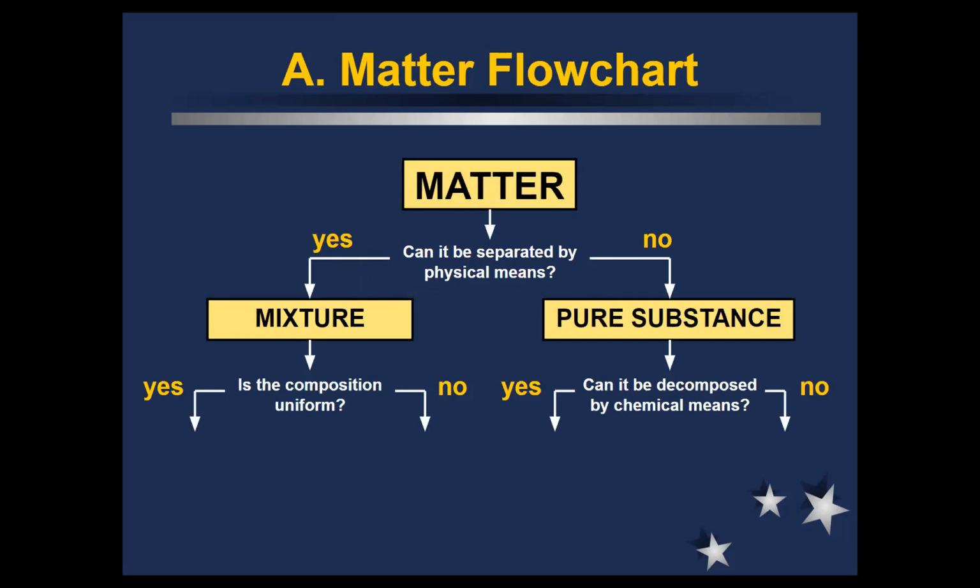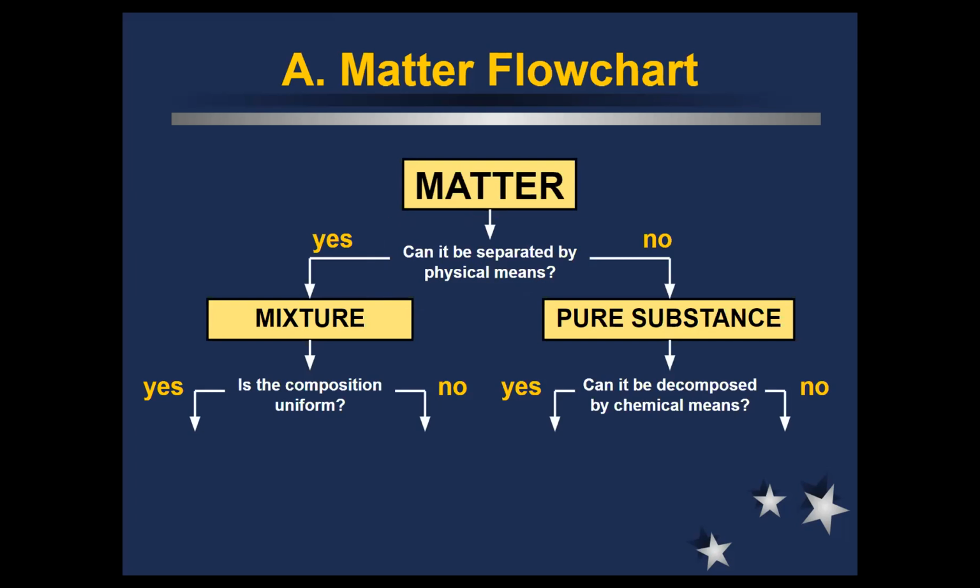And so maybe we have particles of all different sizes, and so we can use that filter paper to separate some out from the other. A good example would be if you have a big bag of marbles, say, and you want to separate out the blue ones from the green ones from the red ones, you can easily physically separate them based on color.